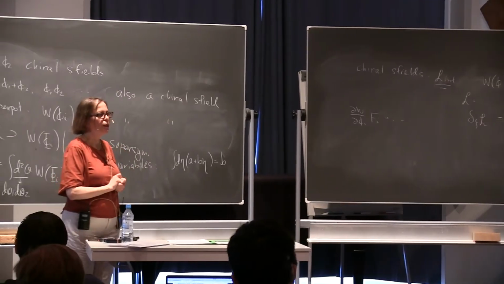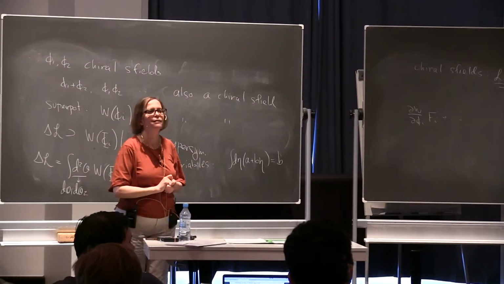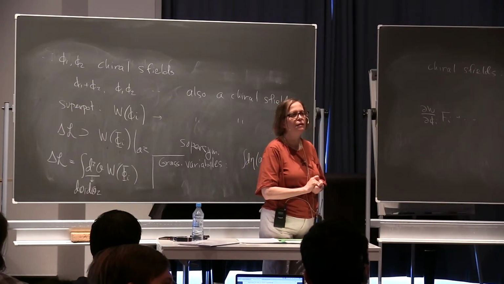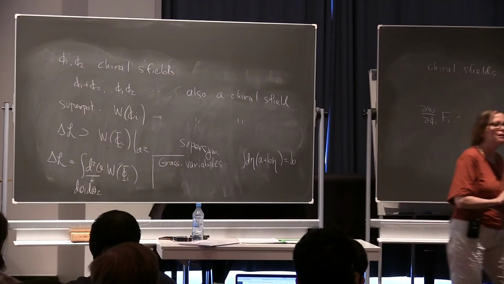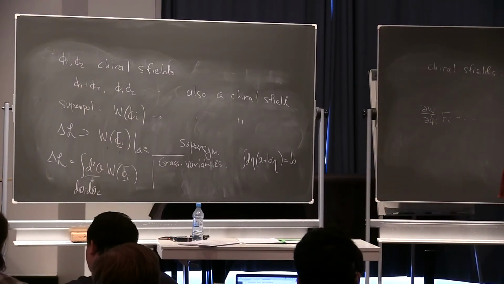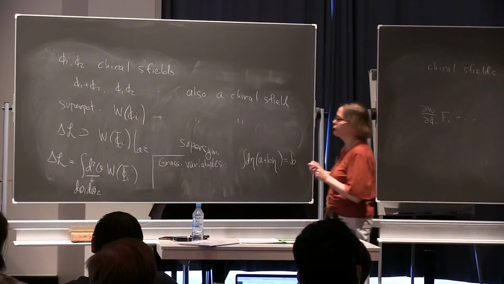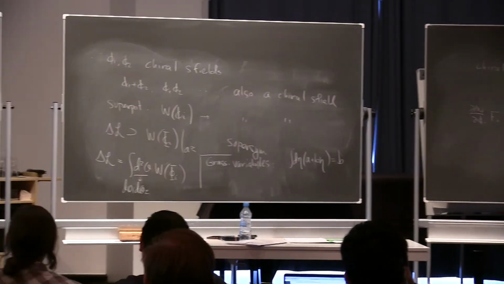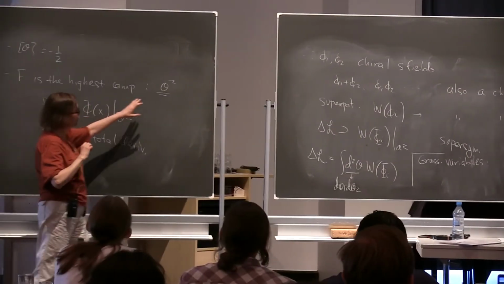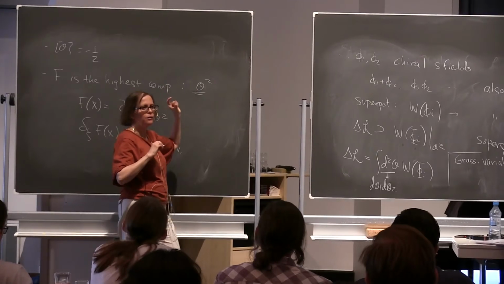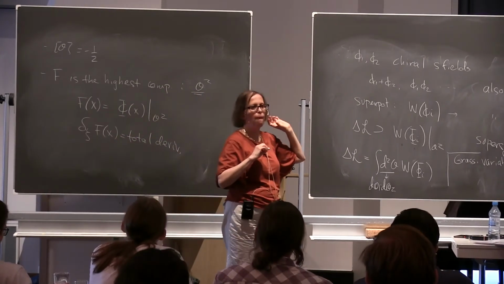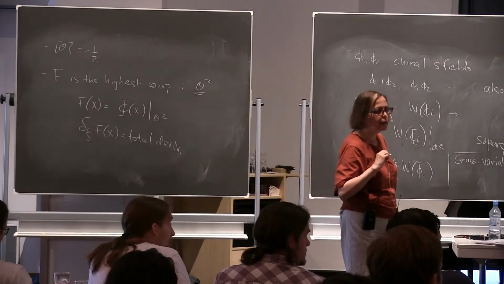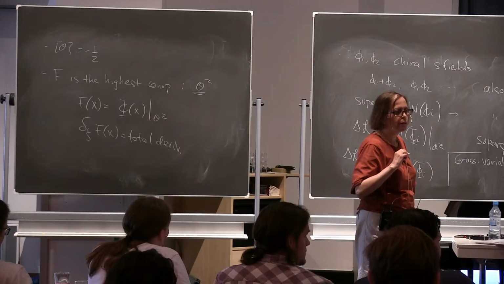Was there a question somewhere? Yes? Why do we always... Because for the chiral superfield, we said that the coefficient of the theta squared is the thing that transforms as a total derivative. How do we ensure that? Do we put some constraints on how f should look?